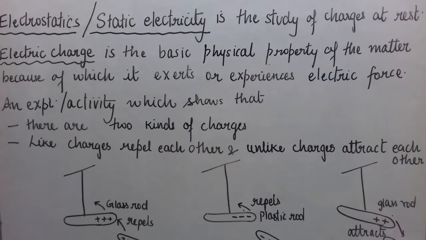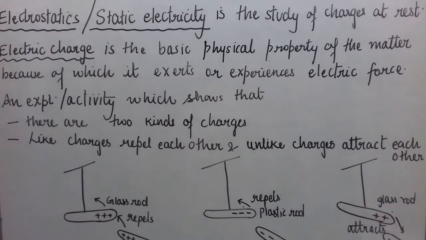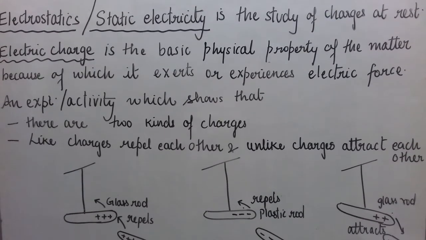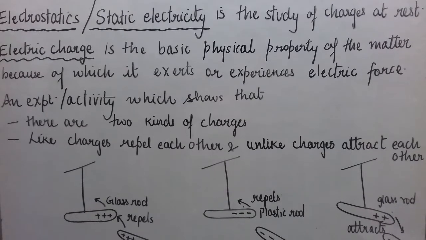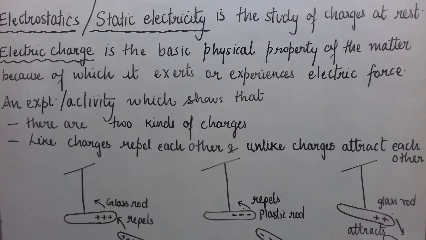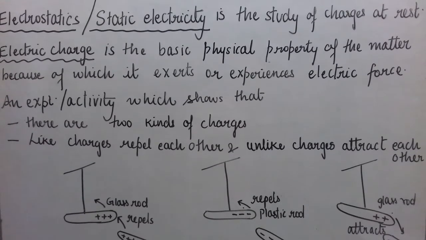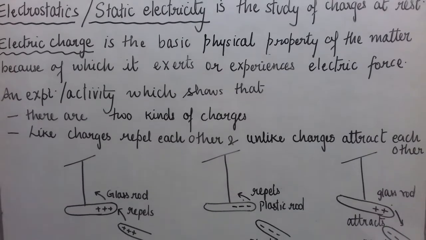You have studied in lower classes that when a plastic scale is rubbed with dry hair, it acquires the property of attracting light things like light bits of paper. And when it acquires that property, we say that the scale gets charged.